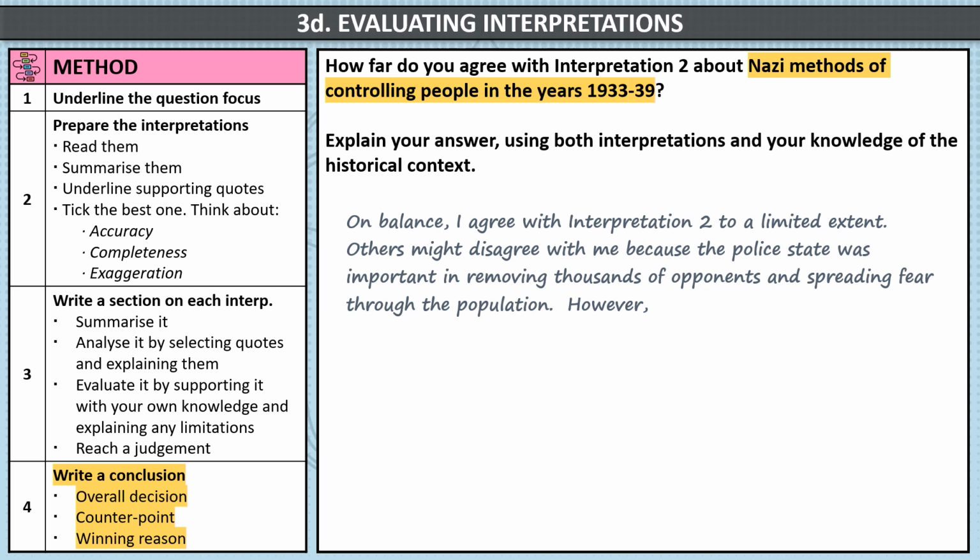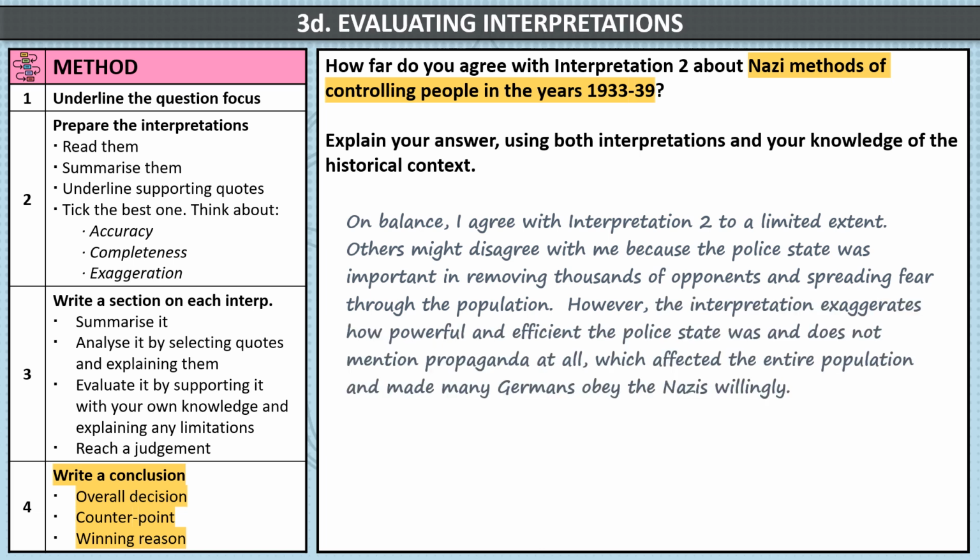Then use the word however to let your reader know you're about to give your winning point. End with your winning reason. In this case, I think interpretation 2 has some really severe limitations, so interpretation 1 is better. Notice the key phrases that we use to structure our conclusion.